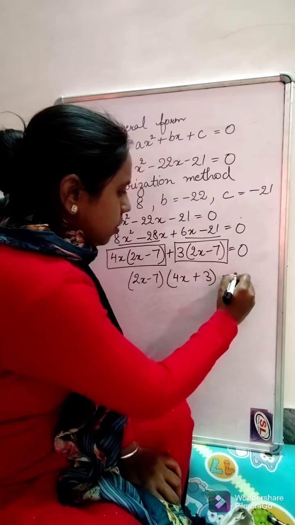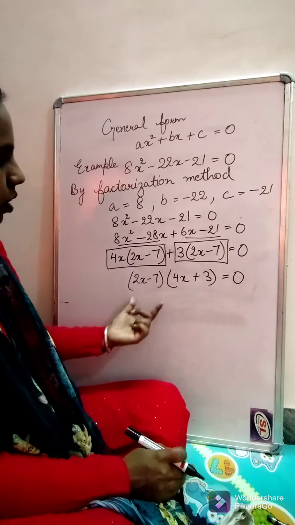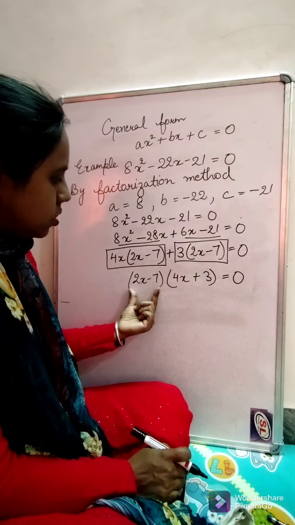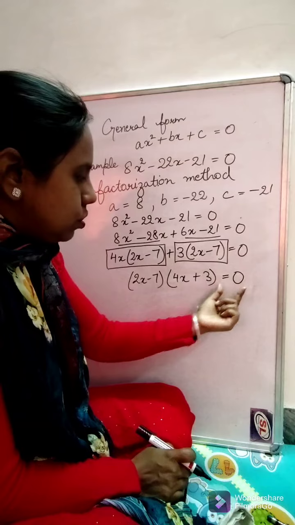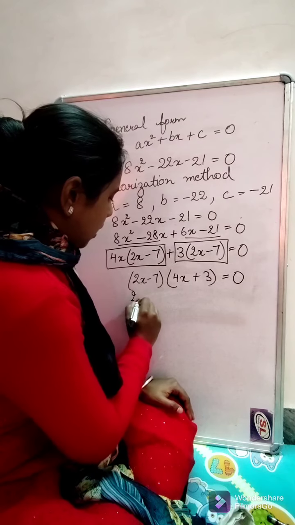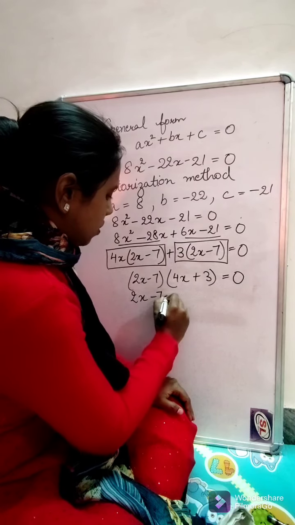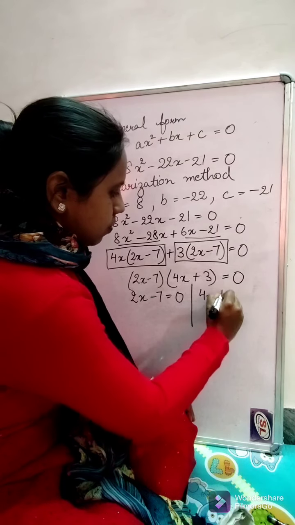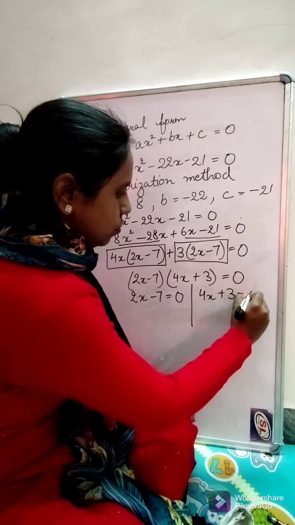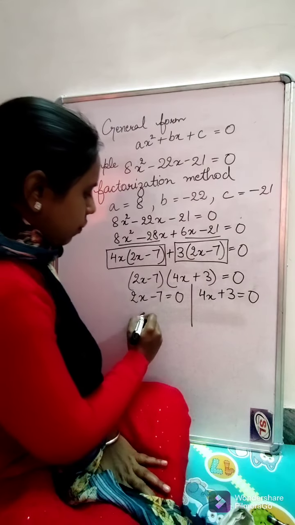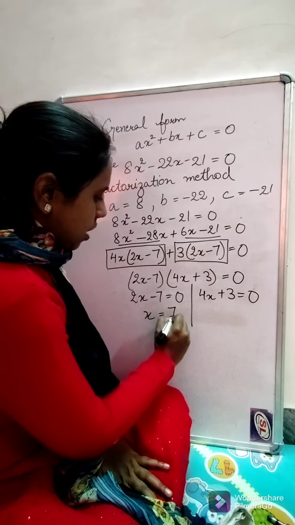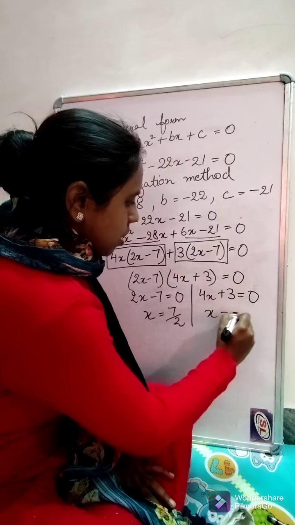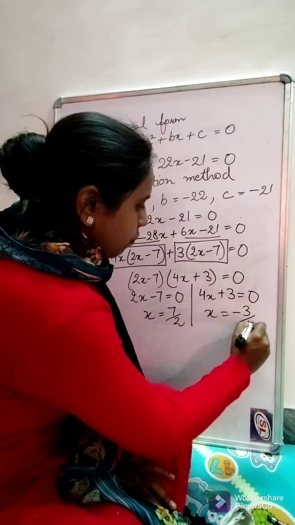Now equate each factor to 0. From here you get 2x minus 7 is equal to 0 and 4x plus 3 is equal to 0, which will give you x is equal to 7 upon 2 and x is equal to minus 3 upon 4.